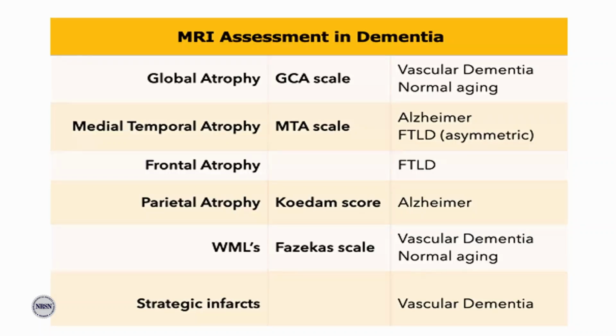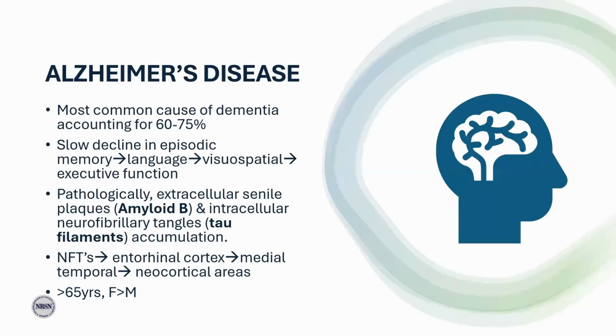For frontal atrophy, frontotemporal dementia; parietal atrophy, using the Koedam score, Alzheimer's disease; white matter lesions, the Fazekas scale, used to rule out vascular dementia or normal aging, chronic small vessel disease that can occur in normal aging. Then strategic infarcts for vascular dementia.